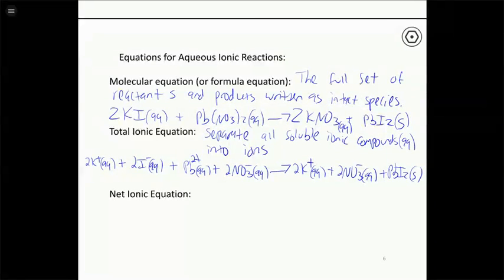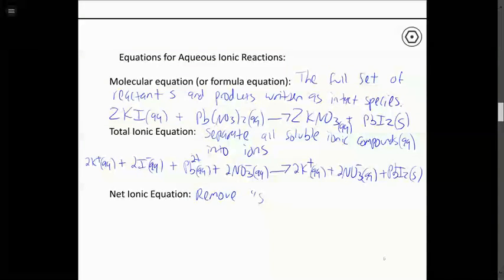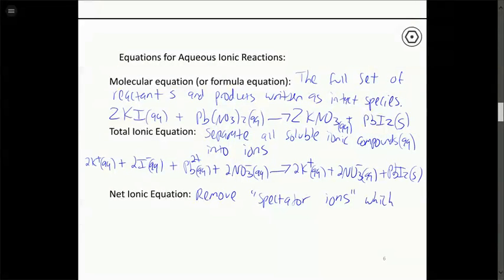We've taken everything that's an aqueous species and separated it into ions. And then finally, for the net ionic equation, we have to remove what are called spectator ions. And these are going to be the ions which appear on both sides of the equation.